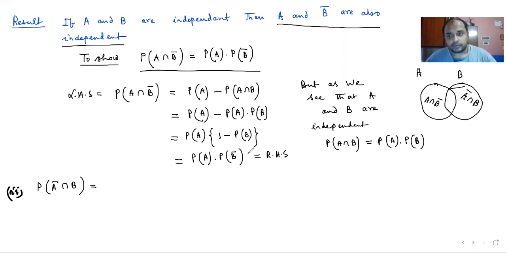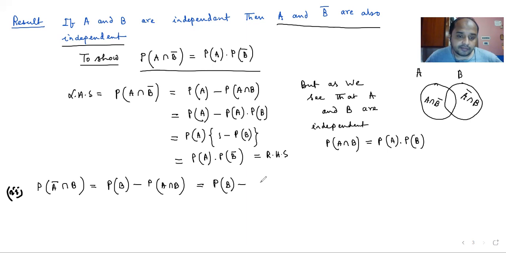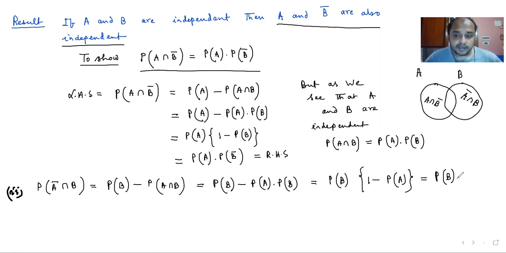So we can write it as probability of B minus probability of A intersection B. And by the similar argument, we can write probability of A intersection B to be probability of A into probability of B. And if you take probability of B common, we are going to get 1 minus probability of A, which is probability of B into probability of A bar.